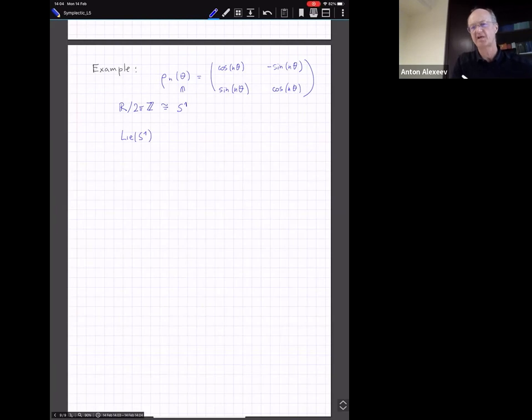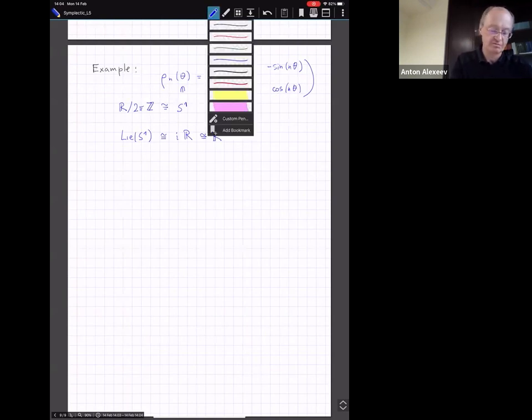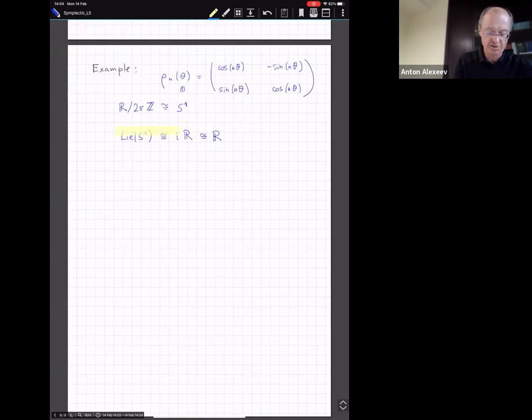Well, now I don't quite know. According to what we were doing up to now, we would say that it is the imaginary axis. Of course, it's also isomorphic to the real axis. People do both things. Let me maybe stick to this notation, even though naturally, if I were not given a course, probably I would have thought for myself that the Lie algebra of S1 is R, but to be consistent.